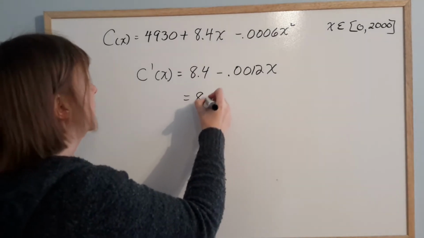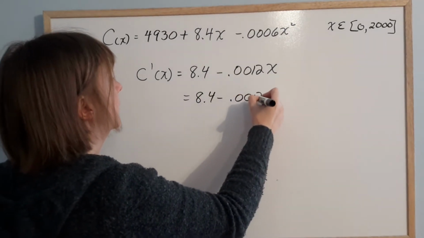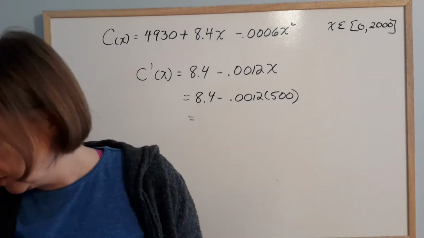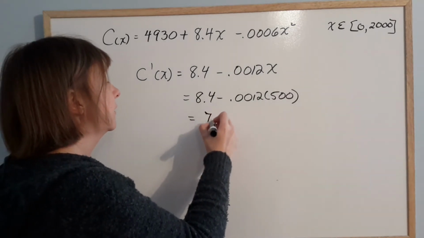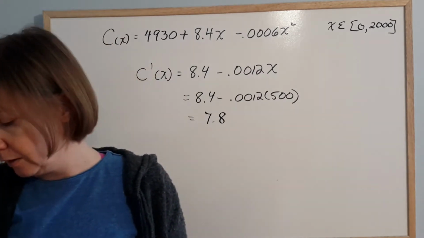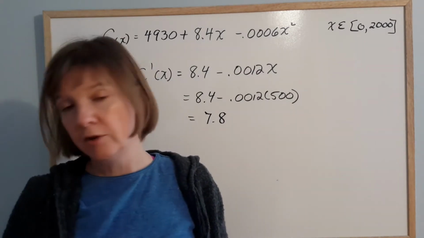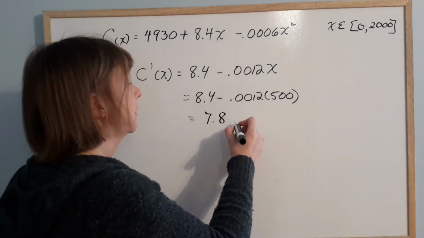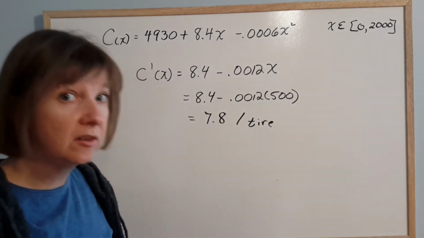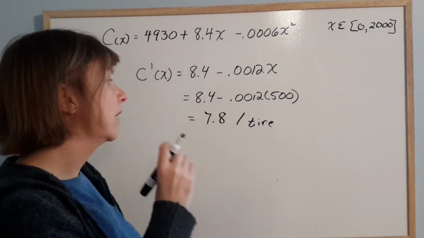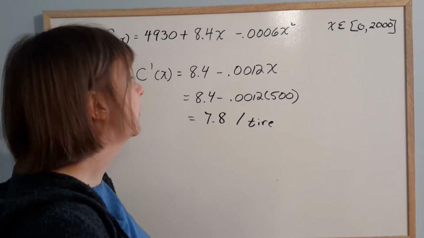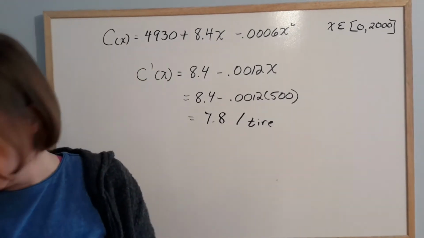So I'm just going to put in 500 as my x, because that's the number of tires I'm going to make. When they figure it out, it's 7.8. So what that is telling you in real life is that the marginal cost is $7.08 per tire. So it's costing me $7.08 per tire. That is the rate of change at a production level of 500 tires.